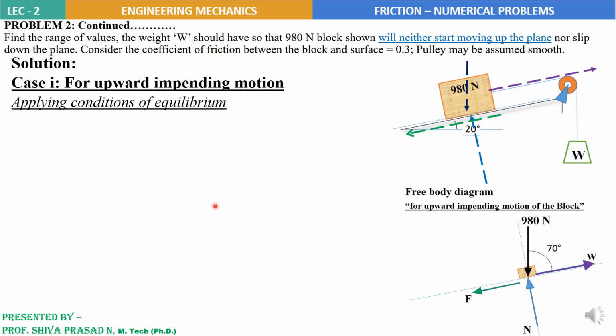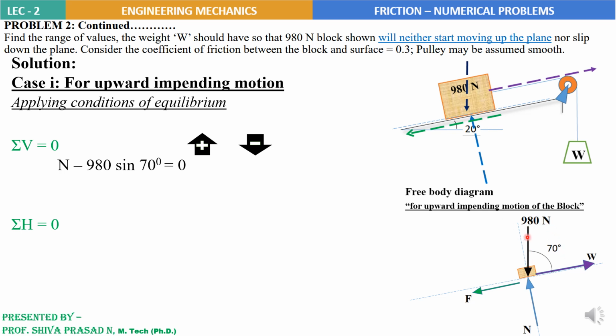So applying the conditions of equilibrium, that is, sigma V equal to 0 and sigma H equal to 0. For the algebraic sum of all vertical forces equal to 0, my sign convention is upward forces positive and downward forces negative. So along the vertical, which are all the upward forces? Plus N, that is one force, and minus 980.